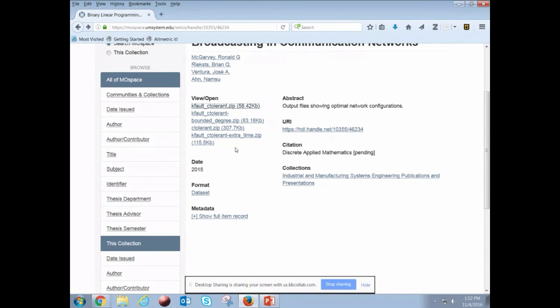Because they were on a different version, what you may want to do is actually put the code there so that it can be used for reprogramming.